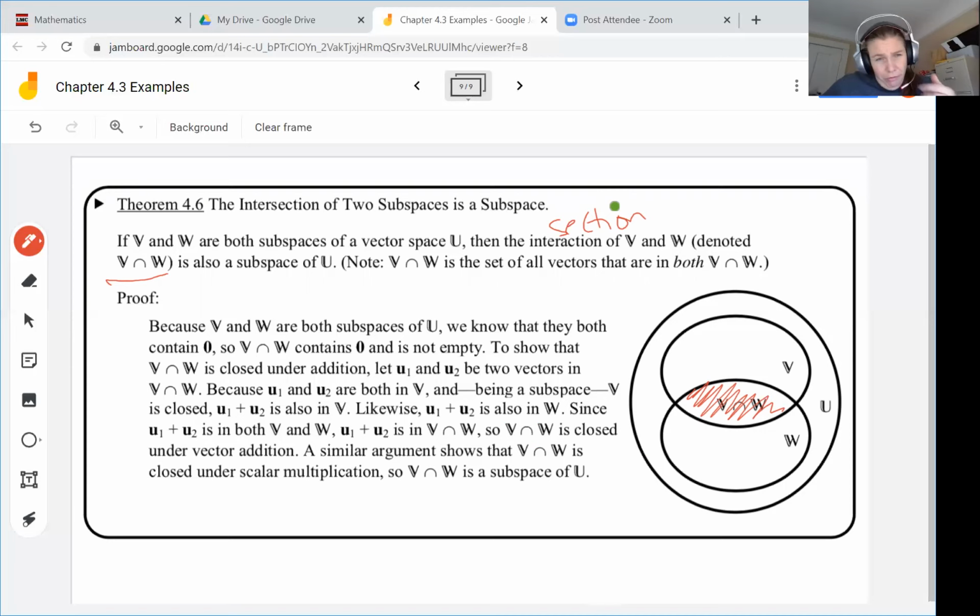So here's our proof. Because V and W are both subspaces of U, we know that they both contain 0. So V intersect W contains 0, so therefore it's not empty.